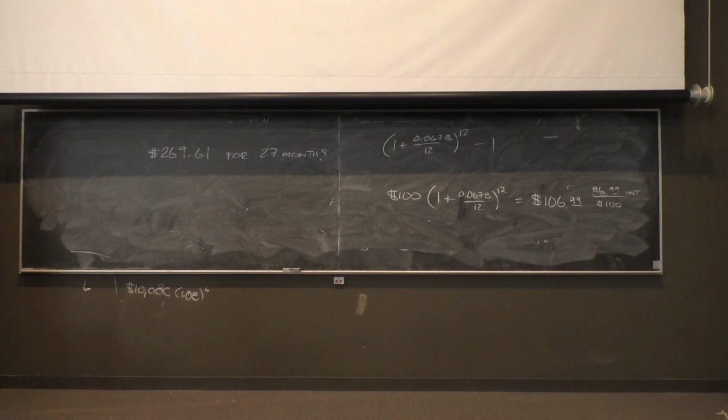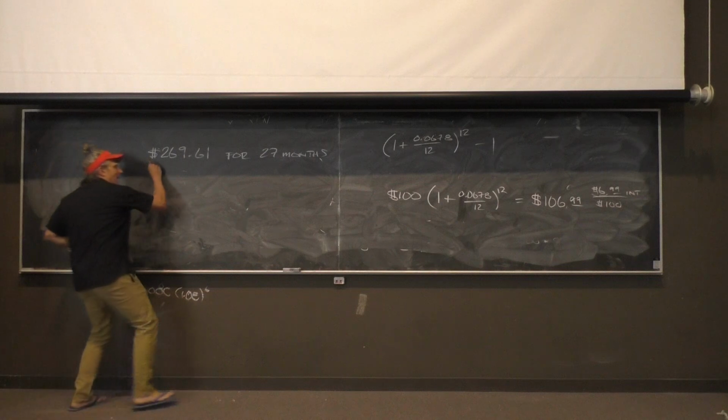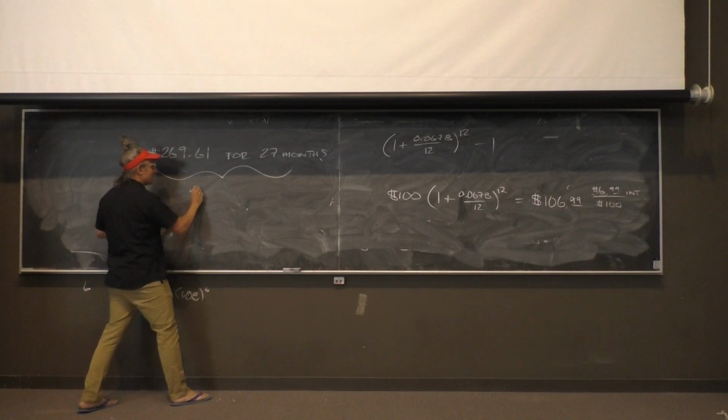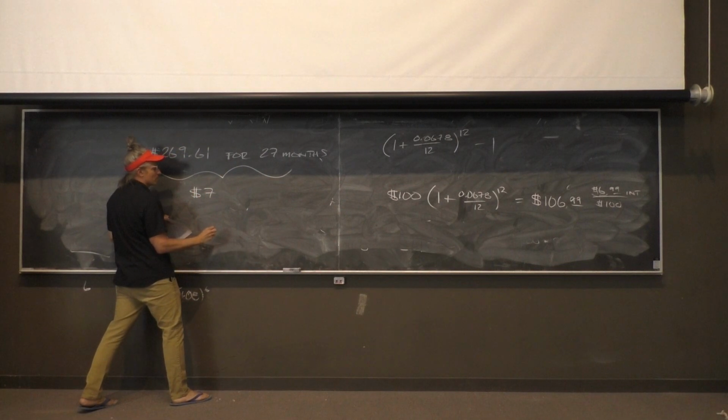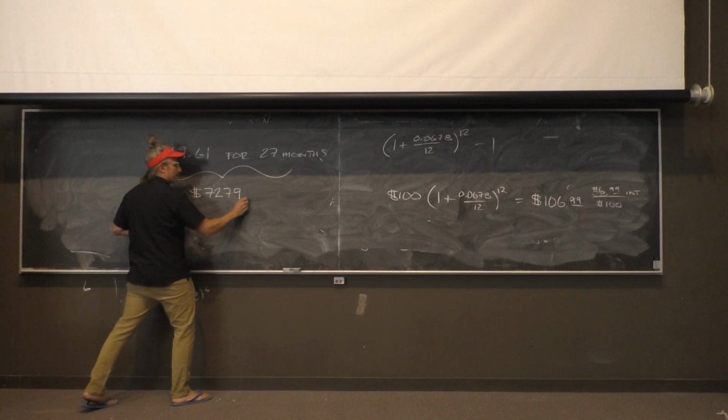269.61 times 27. Say that again, Becky! I'll say it for you. 269.61 per month times 27 months. Joe, you got it? Yep. That's $7,279.47. Say that one more time. 7,279.47.